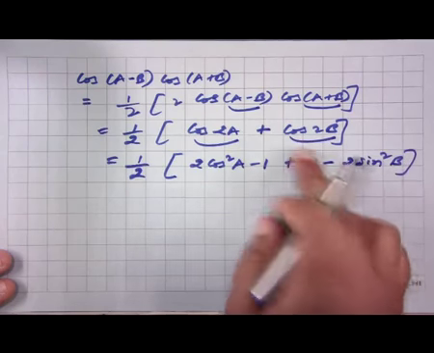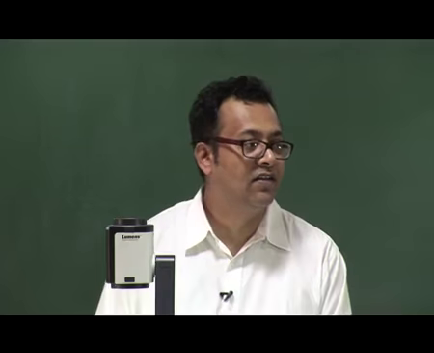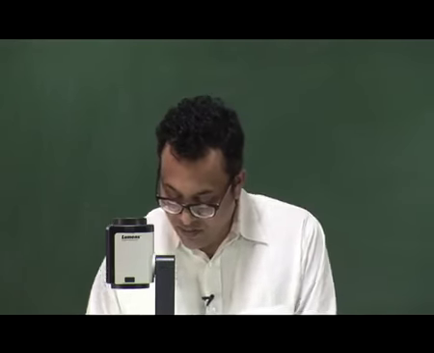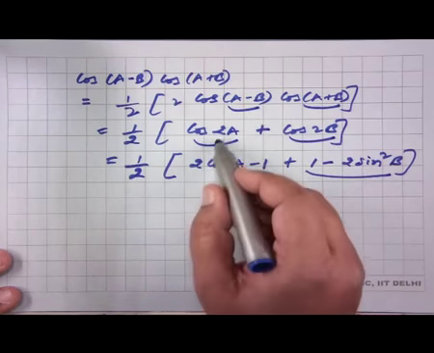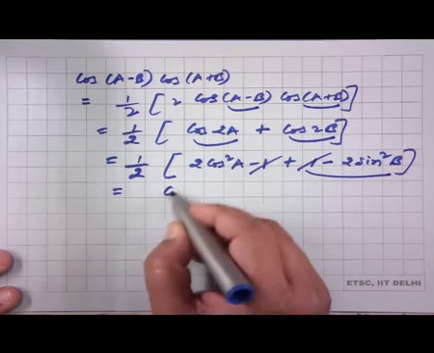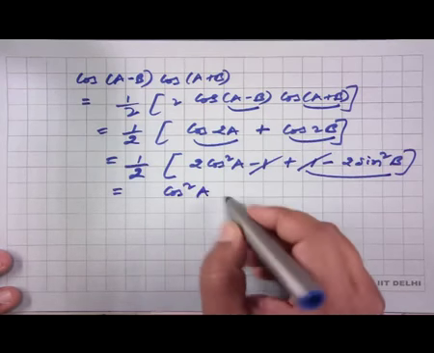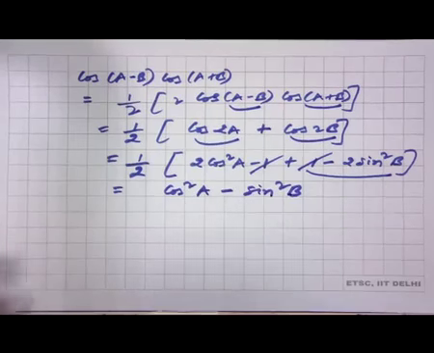The reason why I wrote it in terms of sin b is because I wanted this minus 1 and plus 1 to get cancelled. So that is why I chose this form for cos 2b and this form for cos 2a. So this becomes equal to cos square a minus sin square b.